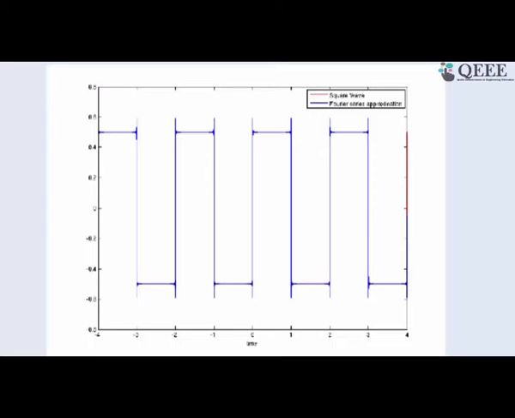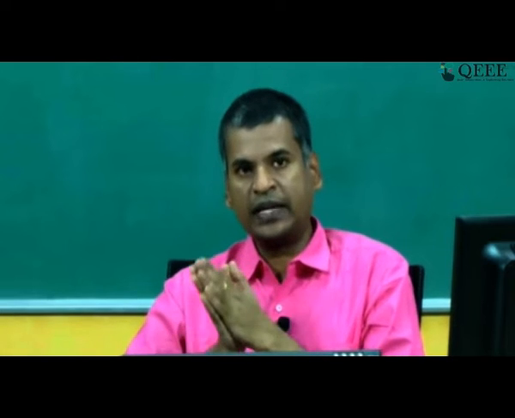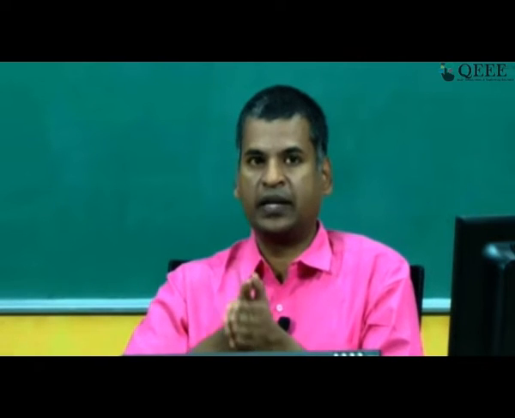I can clearly see that it is getting a better and better approximation. So if I add more and more harmonics, I will get closer and closer to the square wave. It is just a simple illustration that by adding more harmonics in your Fourier series terms, you are approximating the square wave better and better. Okay, so that is the idea.